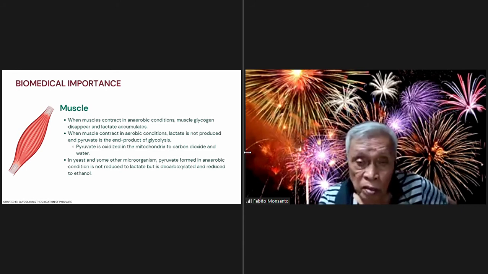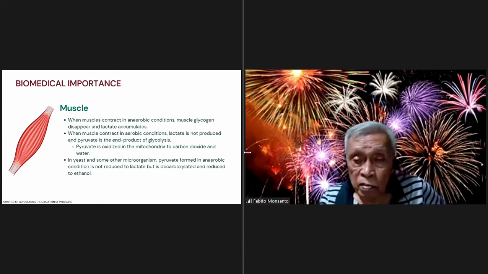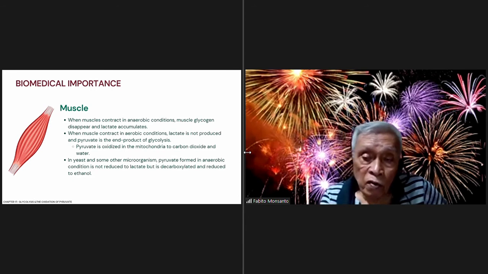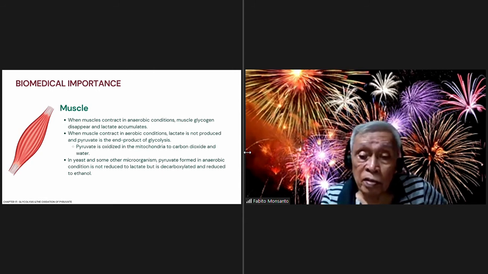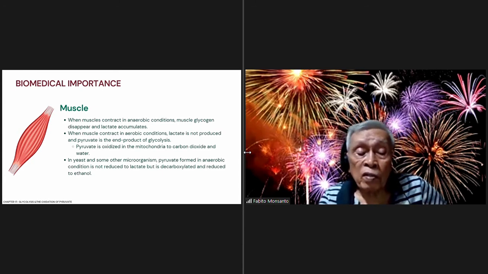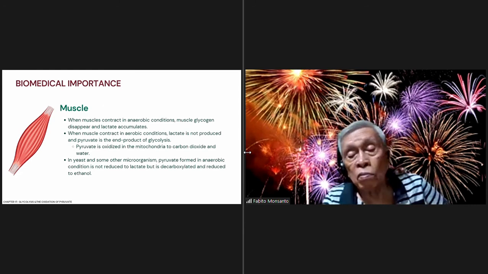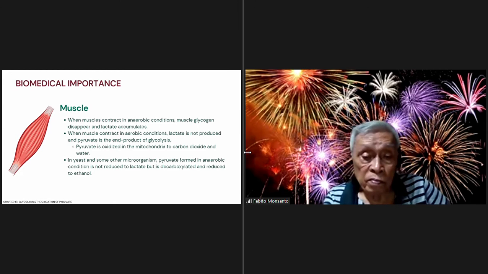When muscles contract in aerobic conditions, you do not form lactic acid. Lactate is oxidized to pyruvate, in the mitochondria to carbon dioxide and water. That pyruvate is converted by your pyruvate dehydrogenase complex into acetyl-CoA.